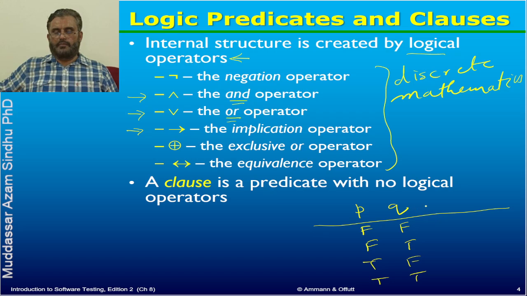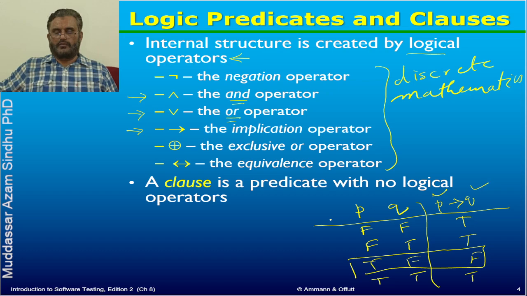So the P implies Q column will have values true, true, false, and true, meaning that it will be false only in the case when the left hand side of the implication is true and the right hand side is false. The left hand side is also called the premise, and the right hand side is also called the consequence.